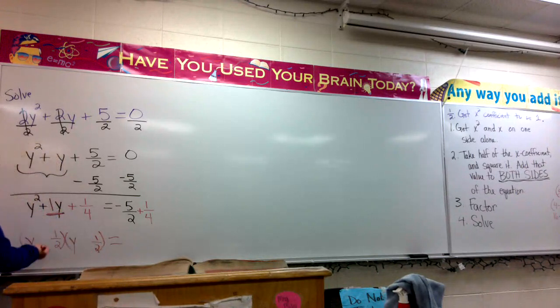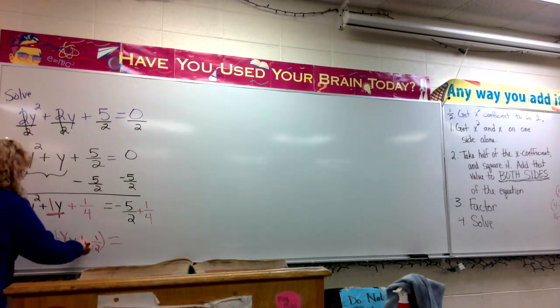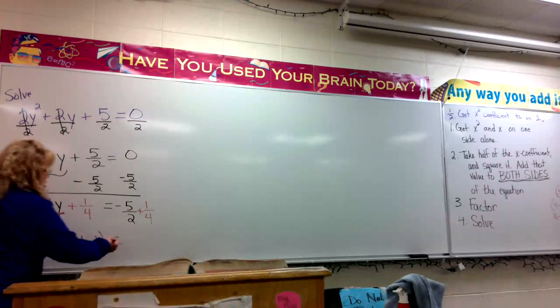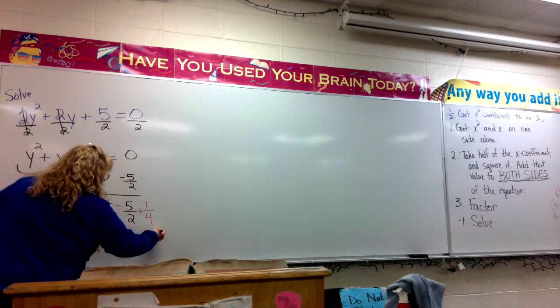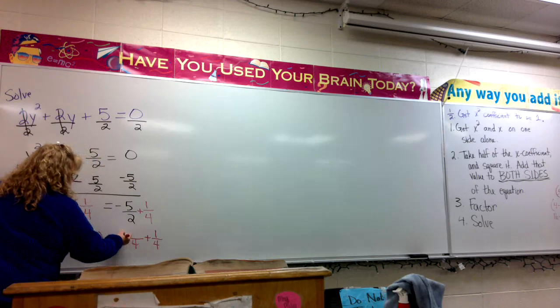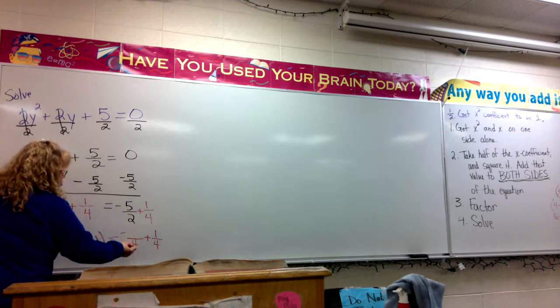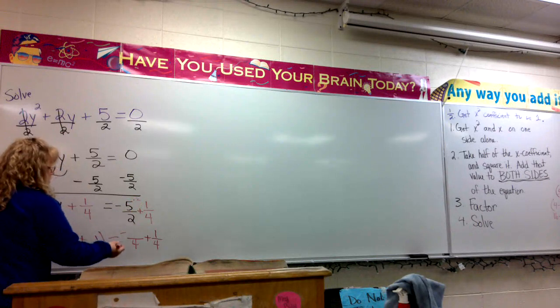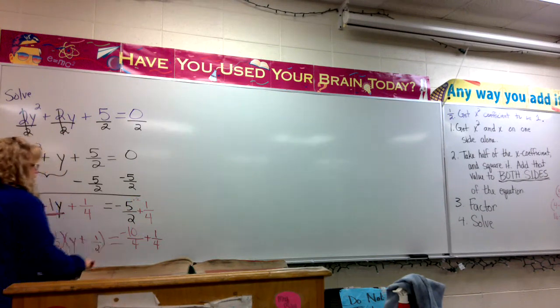What signs? Oh no. Over there you got to get a common denominator. What's your common denominator? 2 times 2 is 4. So we have to multiply the top by 2. Looks like -10.